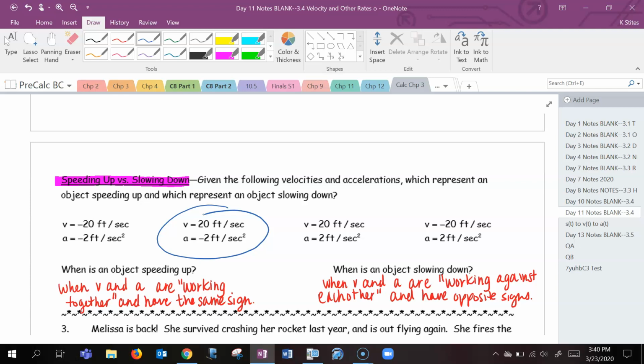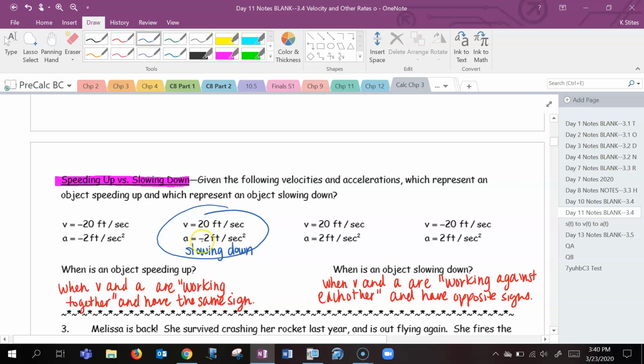So gravity is representing our acceleration force, and it's a negative. So think about, if the ball is going up, we've thrown it up, but this gravity force is pulling it down, what is that really doing? Well, it's working against the force that we are throwing the ball into the air, and in essence, it is slowing the ball down. So when we have opposite signs for our velocity and acceleration, they're working against each other. When they're working against each other, they're going to be slowing the object down.